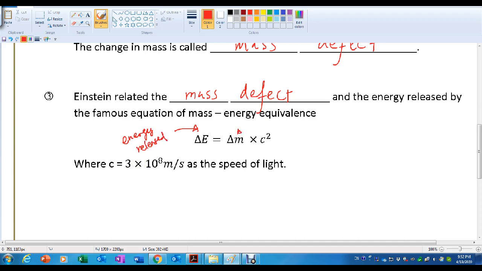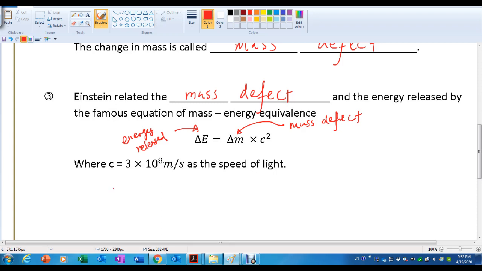Delta M means mass defect. And how about c? c is the speed of light. You might use 3 times 10 to the power 8 meters per second. That's a very common constant for physics.